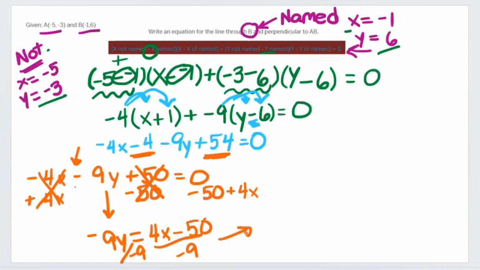And when I do that, I'm going to end up with y equals -4/9x, -50 divided by -9, that's going to be positive, plus 50/9.